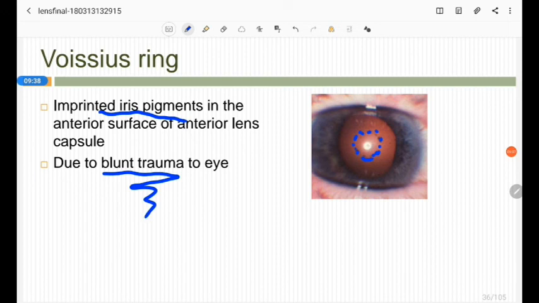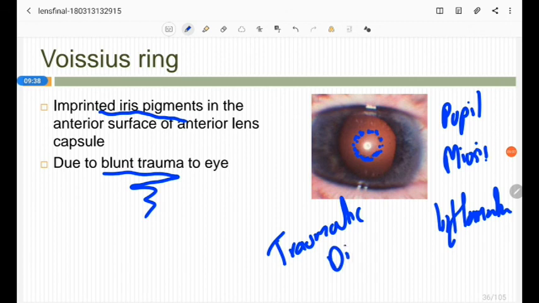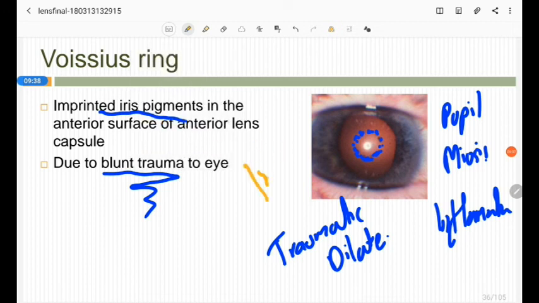At the time of impact, the pupil undergoes miosis and inflammation, because of which the pigment of the iris imprints on the lens, and later it gets traumatically dilated, and the area of imprint is very well evident on the anterior capsule.